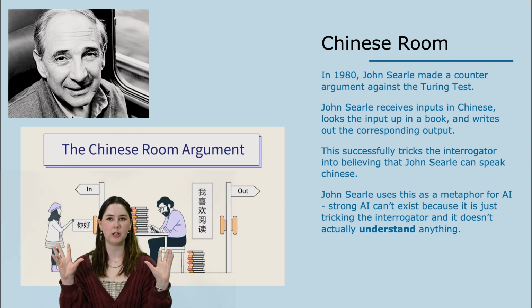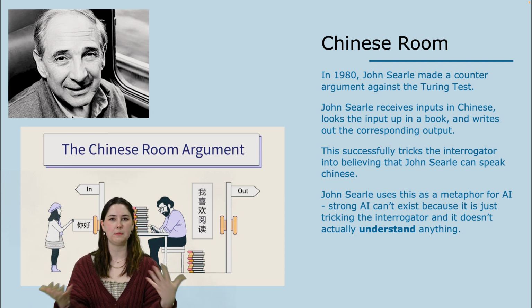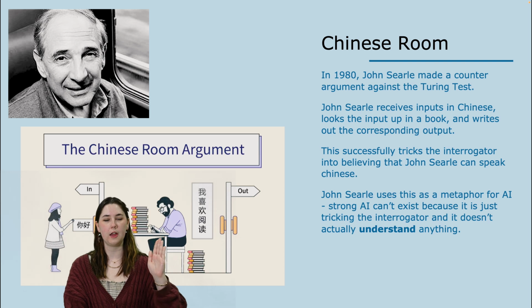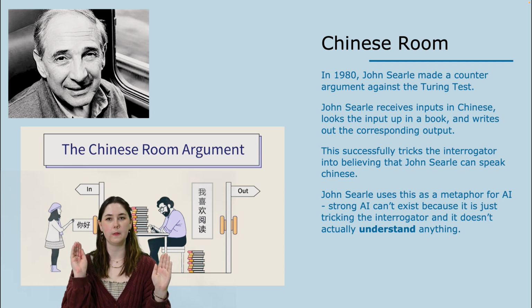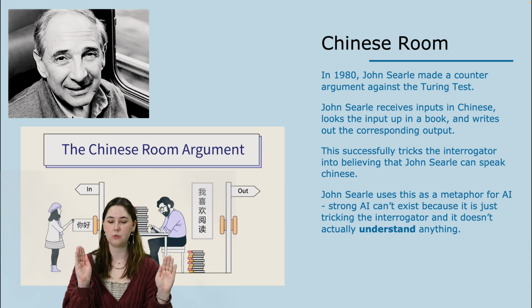And the Chinese room argument is actually quite similar to the Turing test, but it's sort of meant to be a parallel to it. So we have an interrogator on the outside, and the interrogator speaks Chinese. And we have John Searle sitting in the room, and he's not able to speak, read, or understand Chinese.